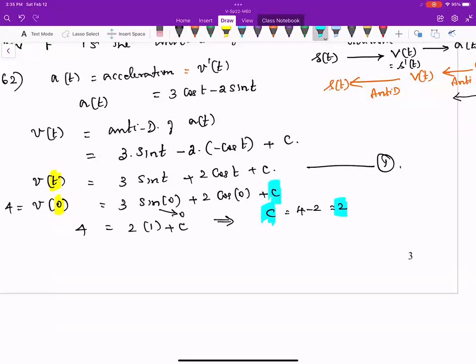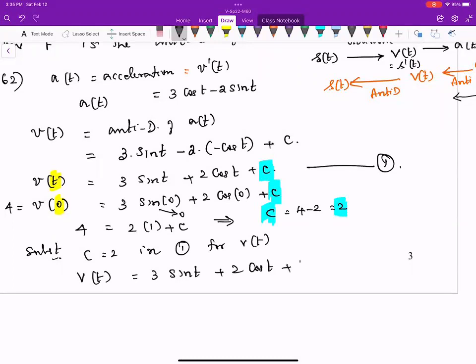You substitute that back into step 1 in v of t. So substituting c equal to 2 in step 1 for v of t, we get V of t equal to 3 sine of t plus 2 cosine of t plus 2.